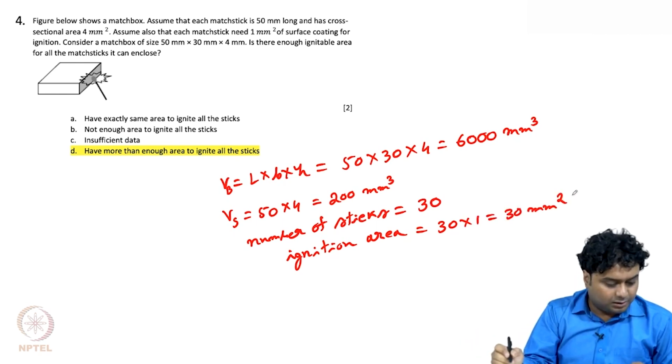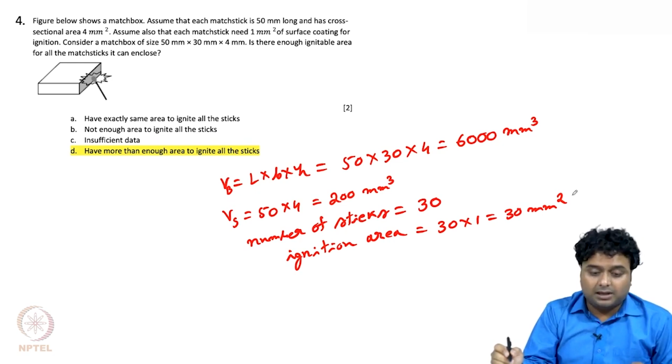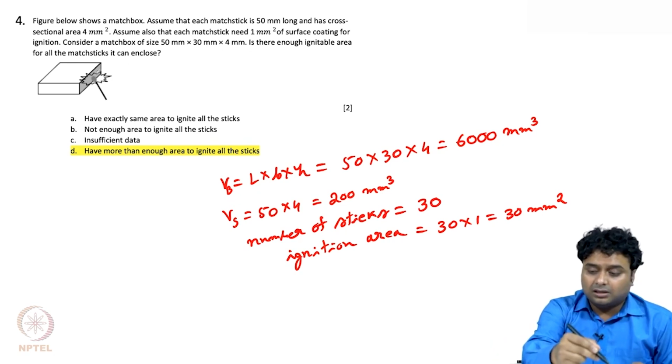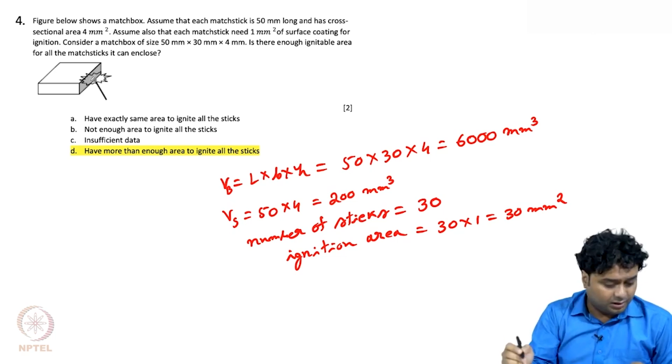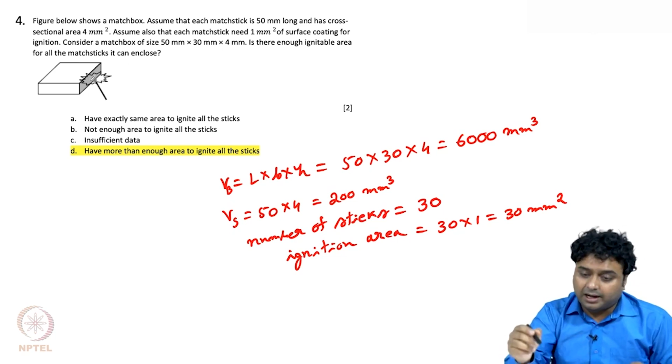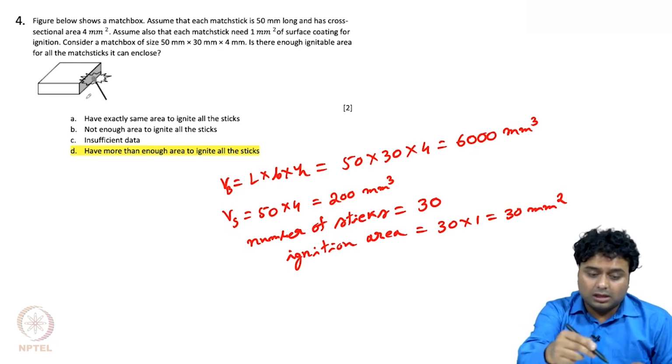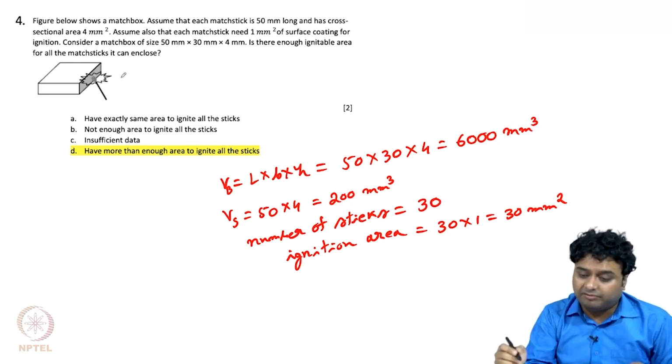Okay. Now how much can be the area of this side? So this side area, this is 50 and 4, right. So the length L is 50, and the height is 4 millimeter.